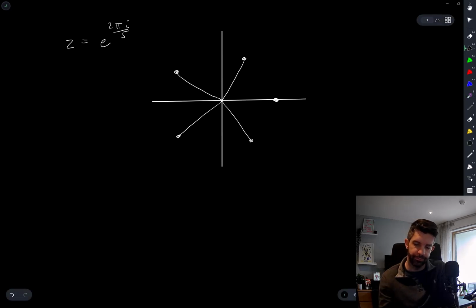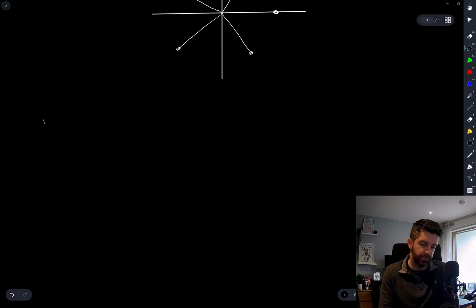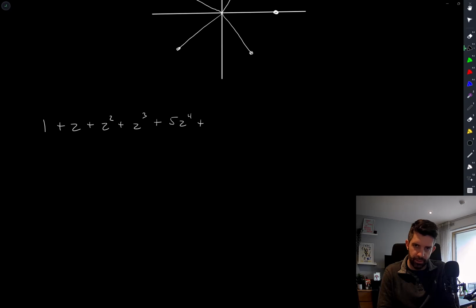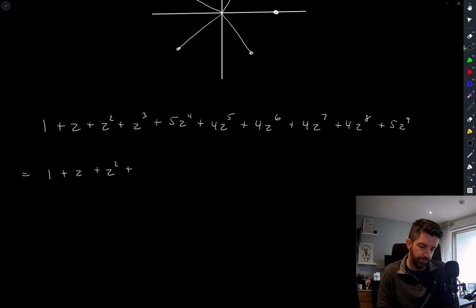First of all, let's do this: 1 plus z squared plus z cubed plus 5z to the 4 plus 4z to the 5 plus 4z to the 6 plus 4z to the 7 plus 4z to the 8 plus 5z to the 9. So I'm going to write these first in terms of powers of z only between 1 and 4.